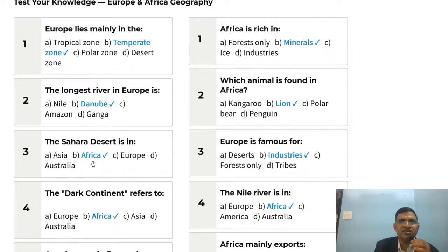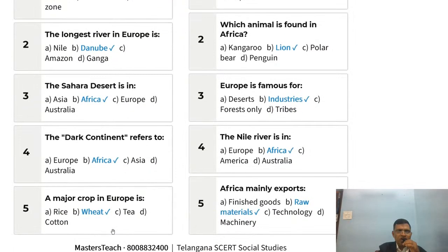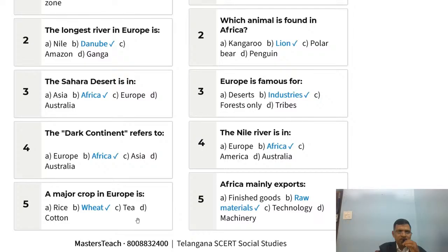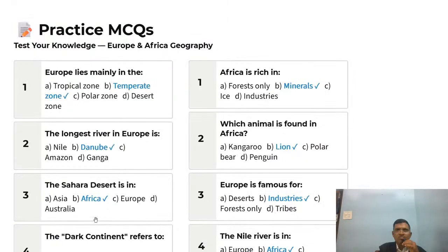The Sahara Desert is in which continent: Asia, Africa, Europe, or Australia? The right answer is Africa. The darkest continent refers to Europe, Africa, Asia, or Australia? Africa. Major crop in Europe: rice, wheat, tea, or cotton? Wheat is the right answer.